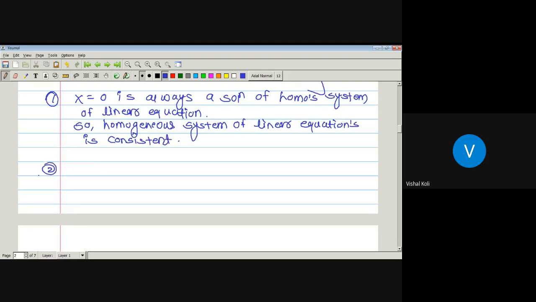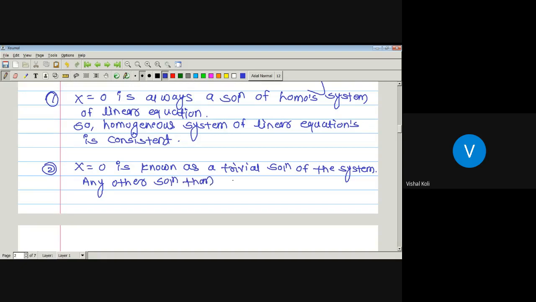Now there is a second note: x equal to 0 is known as a trivial solution of the system, and any other solution than x equal to 0 will be known as a non-trivial solution of the system.